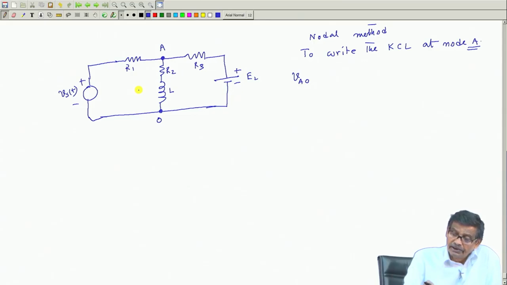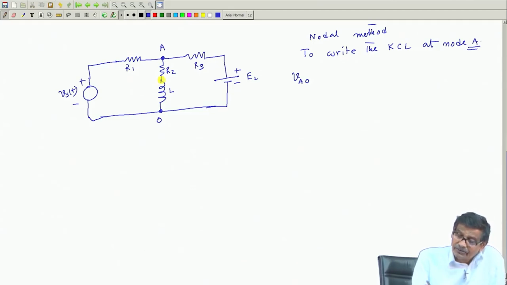So, what will be the coefficient of VAO? We used to say that it will be the sum of the reciprocals of all the resistances connected to node A, is it not? There is only one node, so there is no problem. So, that way we used to tell that.